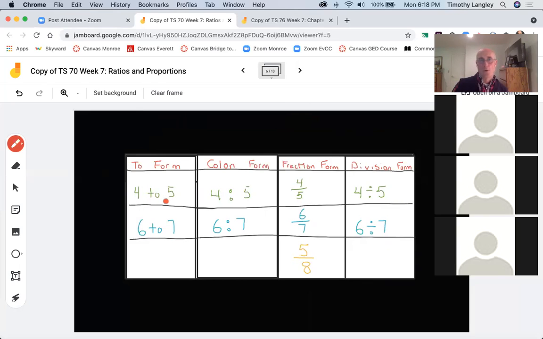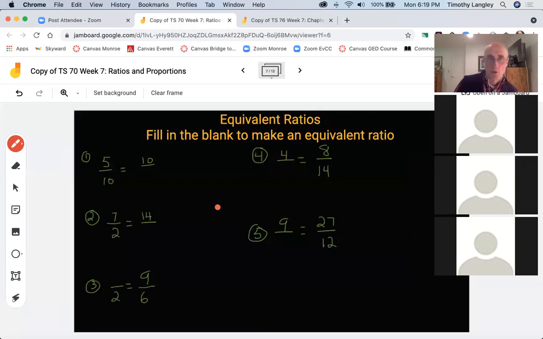The form of 4 to 5 would be expressed in colon form as 4:5, or as a fraction, or 4 divided by 5. 6 to 7, 6:7, 6 over 7, 6 divided by 7, et cetera. 5 to 8, 5/8 would be 5:8 over here, 5, the word to, 8, et cetera. All right, moving on. I think I've driven that to the ground a bit.